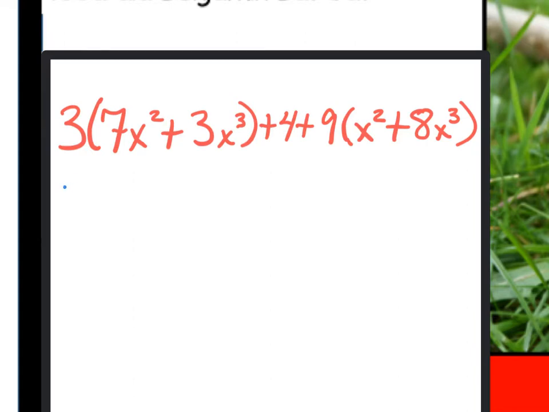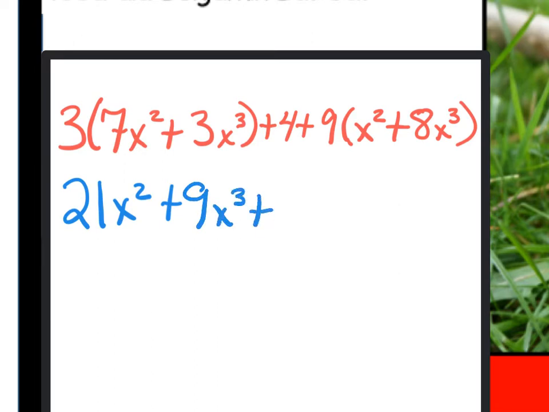So I'm going to write 21x squared, right? Plus, then I'll distribute the 3 to the 3, and 3 times 3 is going to give you 9. So let's write 9x cubed, right? Then we're going to just drop the plus 4, and then we're going to drop this plus.